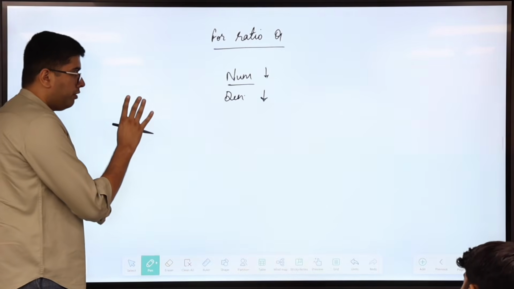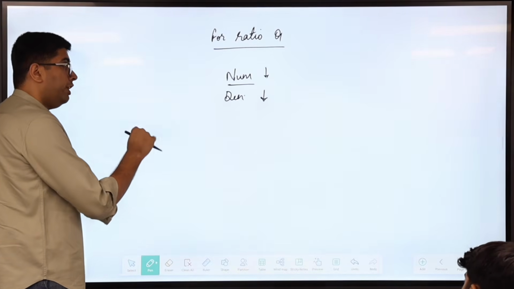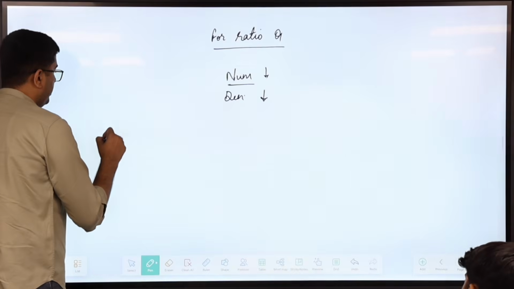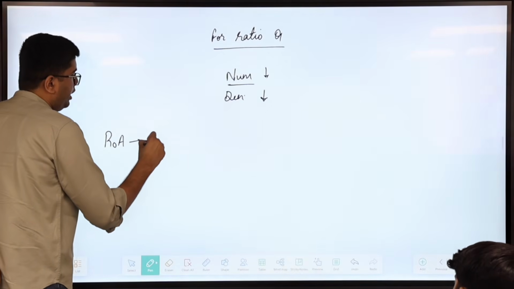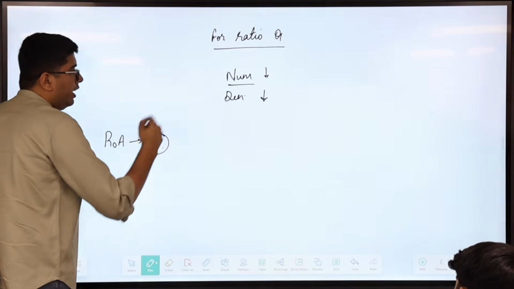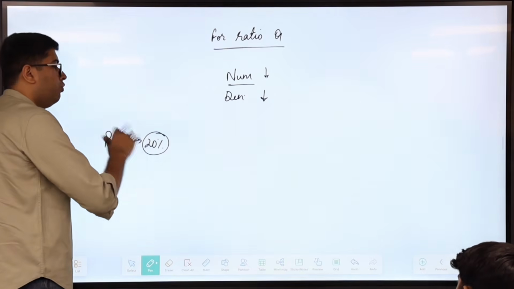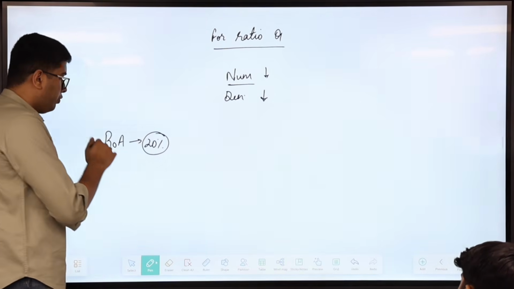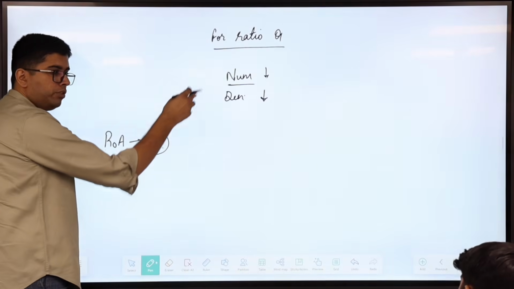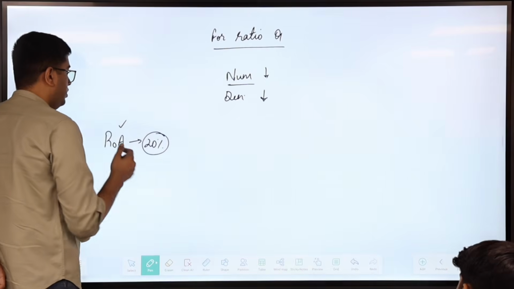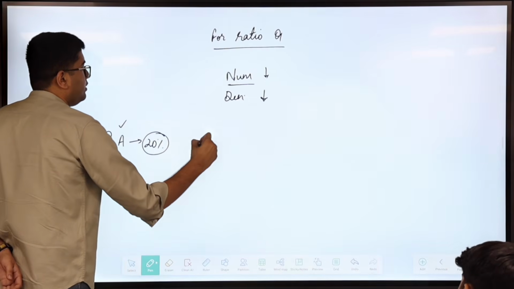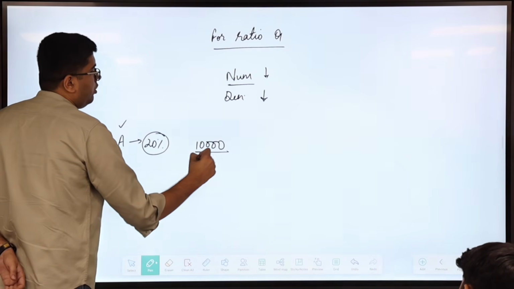Either the question provides you with what the ratio was before. So let's say institute says return on asset was 20%. Then you had some impairment. Now what would be return on asset? So if you get a question like this where you don't have any numbers, but they give you a ratio before, easiest way to solve, take numerator as 10,000, denominator as 50.